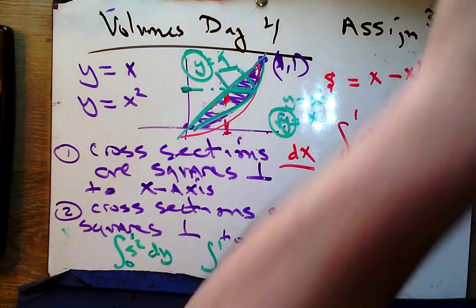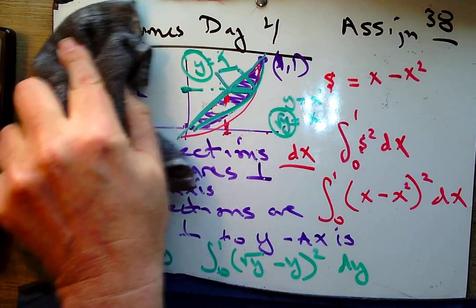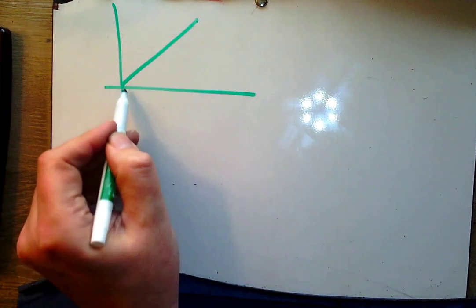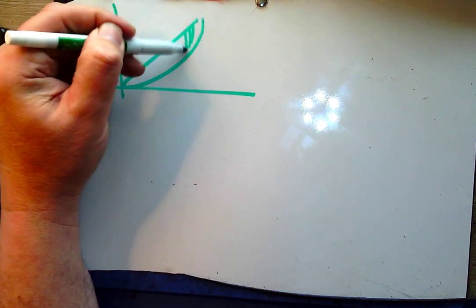Okay, that's those. Now, what if we take that same region, all through this video, same region, and this time, let's build semicircles on it. Okay. Here's our region.